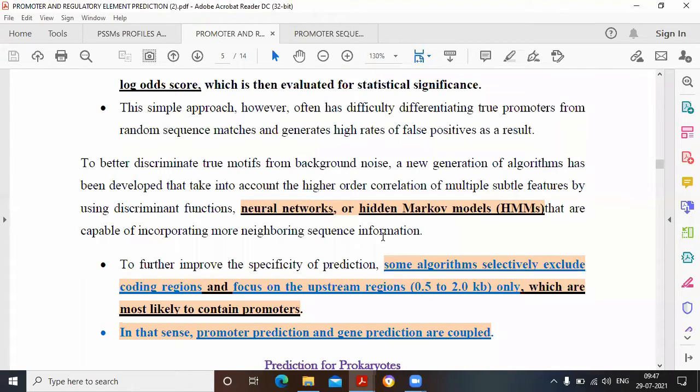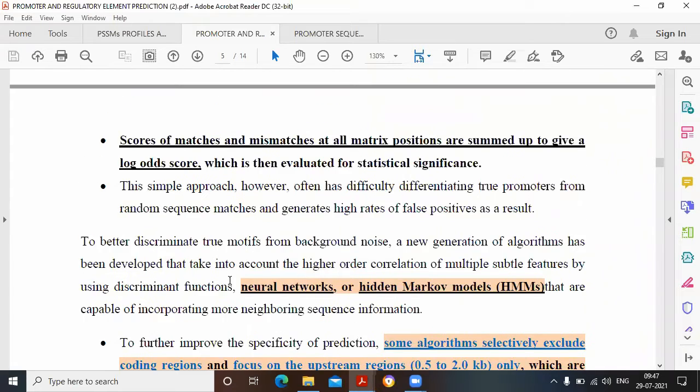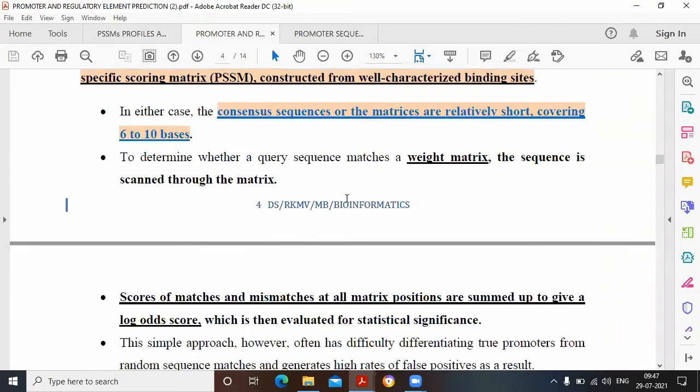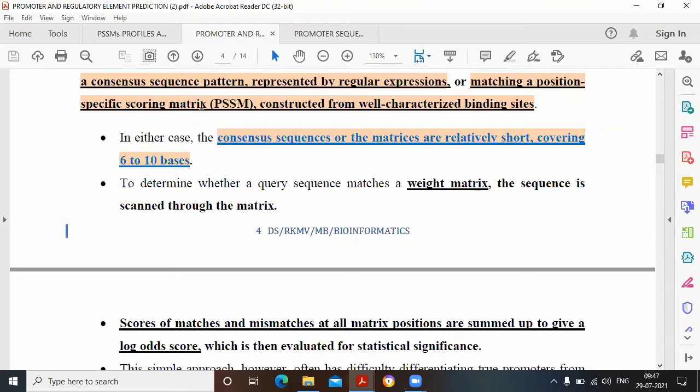The same approach is applied here, keeping in mind that ultimately we need to give the score with respect to the PSSM, the position specific scoring matrix process.